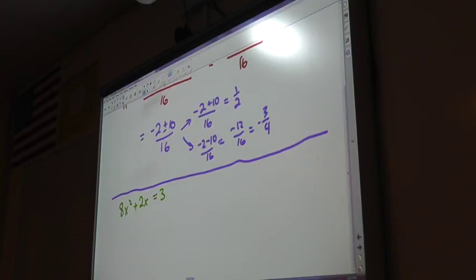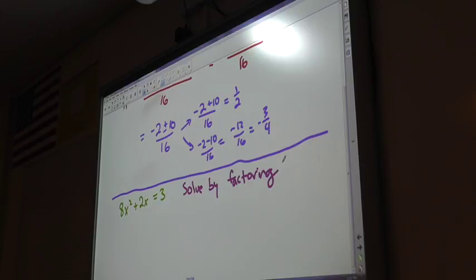Solve this by factoring. Is it possible? Well, it is because I said so.